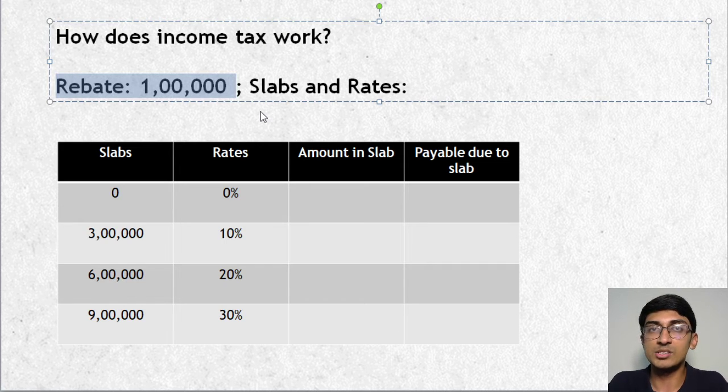It's like the government is giving you a discount on it, take this much rebate. Like, if let's say your entire salary is 12 lakhs, you have to pay tax on only 11 lakhs if the rebate is 1 lakh. So just before the salary is being taxed, I'm giving you a discount and saying, okay, now on the remaining salary, please make the income tax calculation. So that's what the rebate is for.